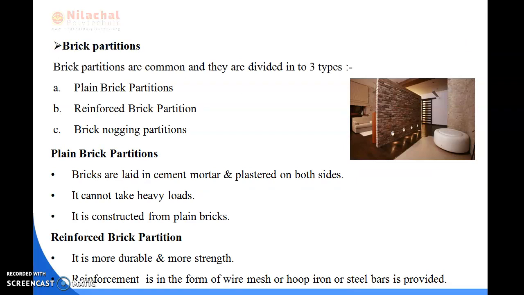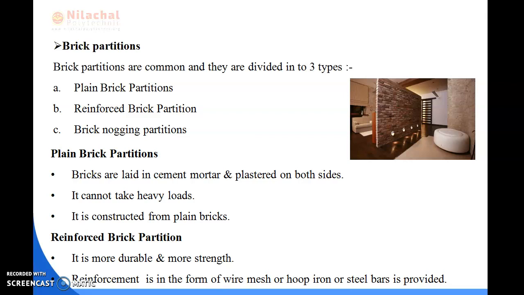First is brick partitions. Brick partitions are mainly divided into 3 types. First is plain brick partitions, second is reinforced brick partition, third is brick nogging partitions. In plain brick partitions, bricks are laid in cement mortar and plastered on both sides.